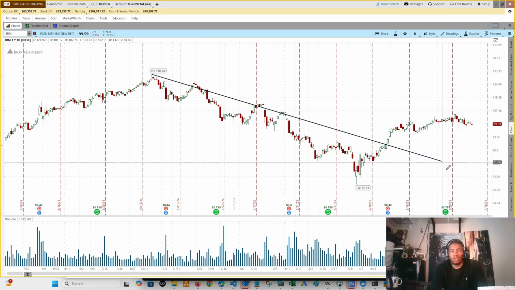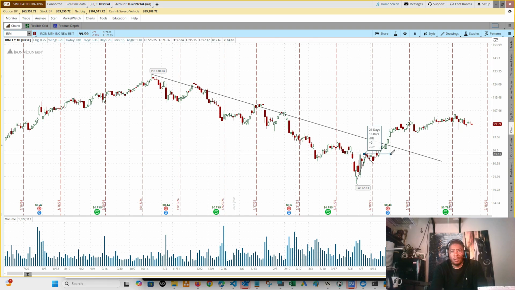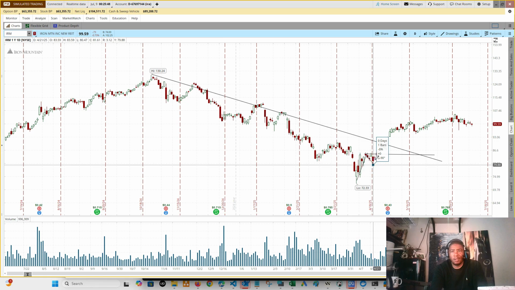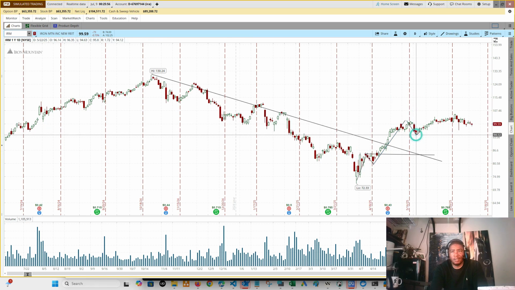It was in a downtrend, then it broke above it. Higher high, higher low, broke above that, and came back up. Then it kind of stayed in here, I guess.